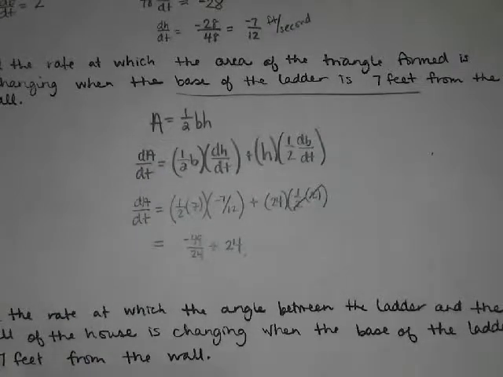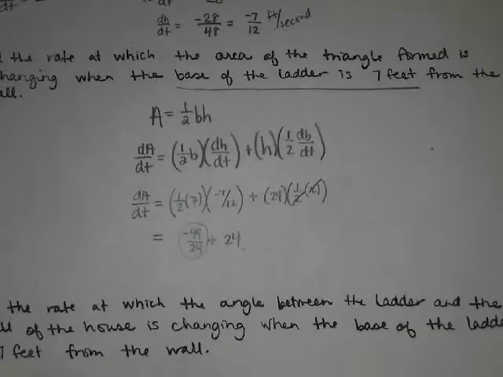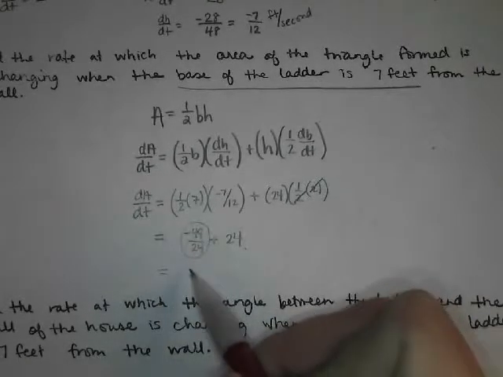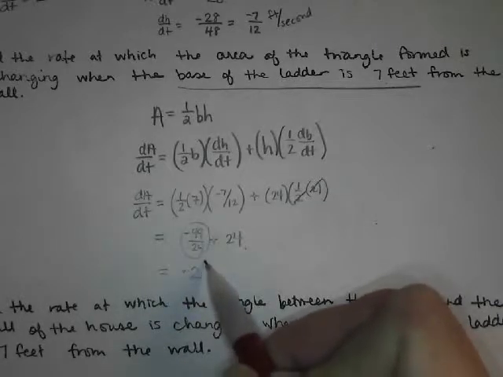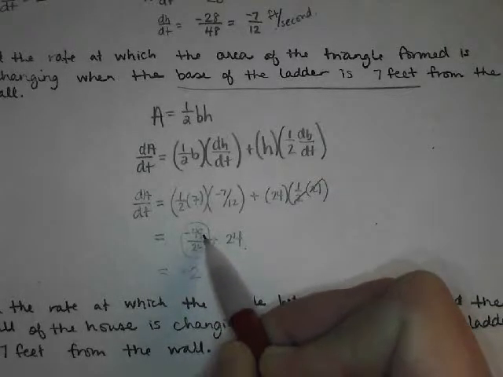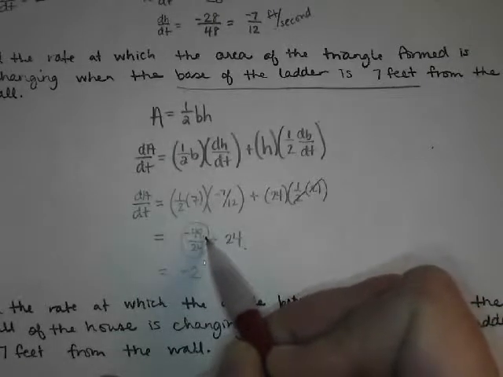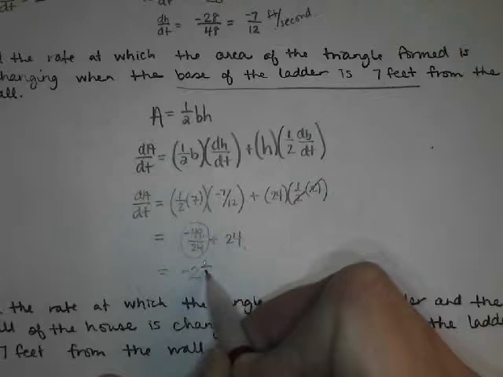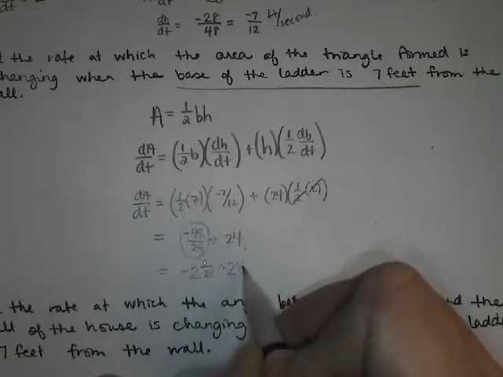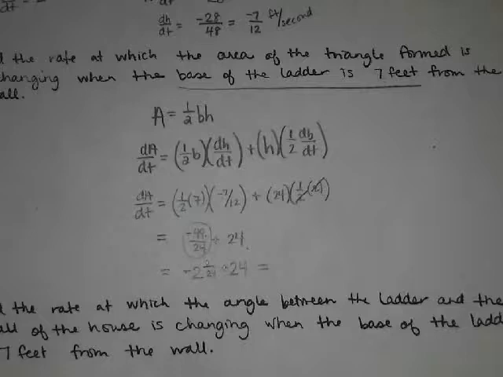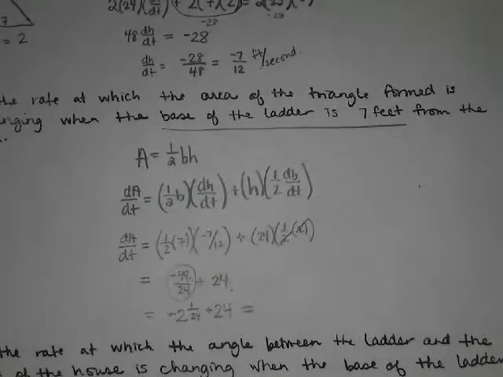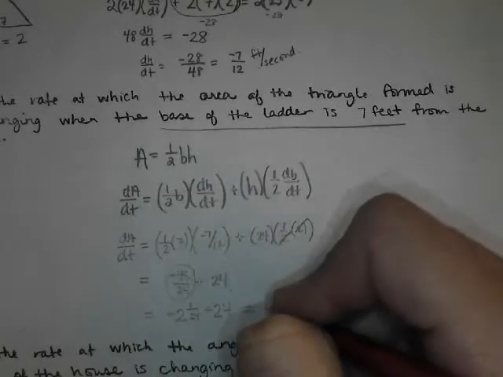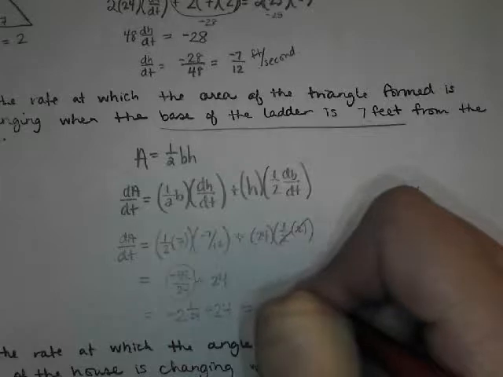Now what is this as a mixed number? 2 and... 24 goes into 49 twice to get you to 48. 2 and 1/24, plus 24. So, say that again, Alec? 21 and 23/24. Very good. So 24 minus 2 will bring you down to 22, and then you're subtracting an additional 1/24. So it's 21 and 23/24.